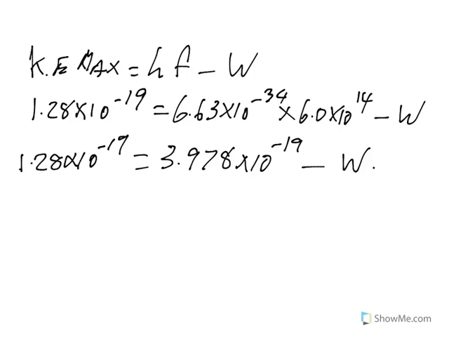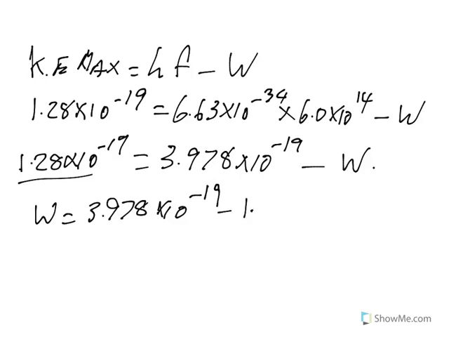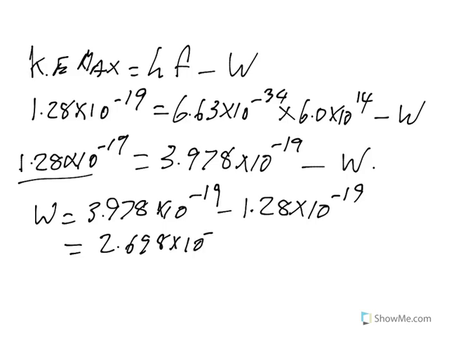Alright, so if I add the work function to both sides and subtract this, I get that the work function is 3.978 by 10 to the minus 19 minus 1.28 by 10 to the minus 19, which is 2.698 by 10 to the minus 19 joule.